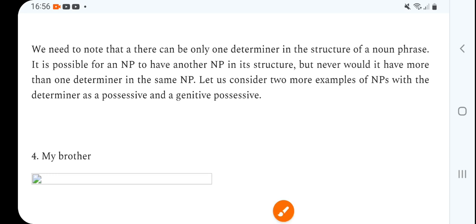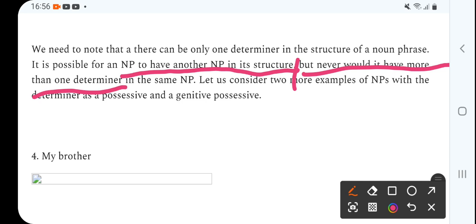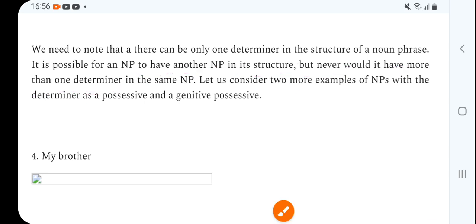Very important information: in a noun phrase it is possible that more than one noun phrase is there, but never more than one determiner. So in a noun phrase more than one noun phrase can be there, but the determiner will be just one in the same noun phrase. Let us consider two more examples of NP with the determiner as a possessive and genitive.